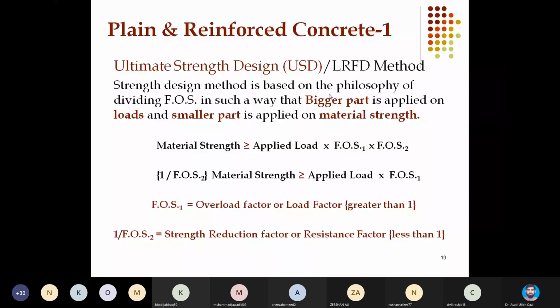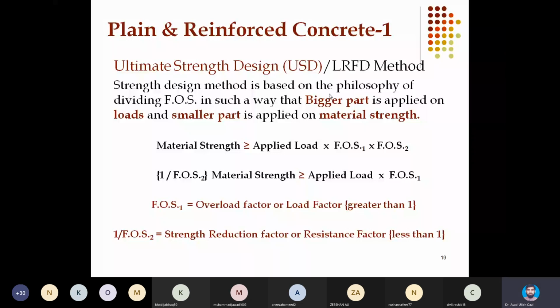writing my equations under ultimate strength design such that I will have a material strength greater than or at least equal to applied load into factor of safety 1 into factor of safety 2. It means applied load will be multiplied with factor of safety 1, which will be greater than 1.